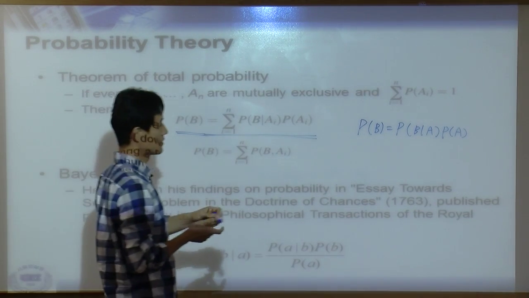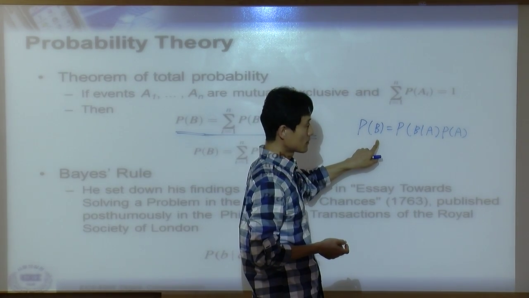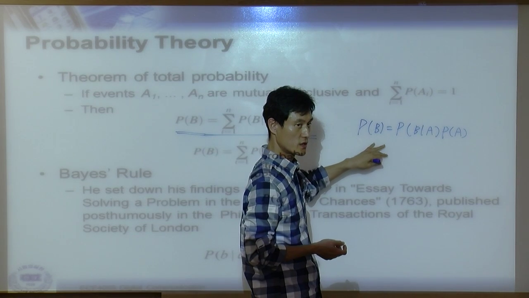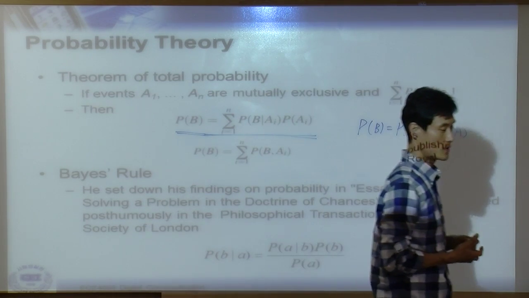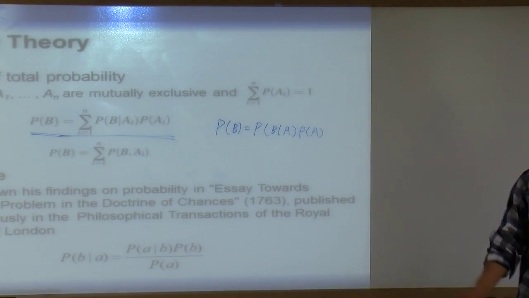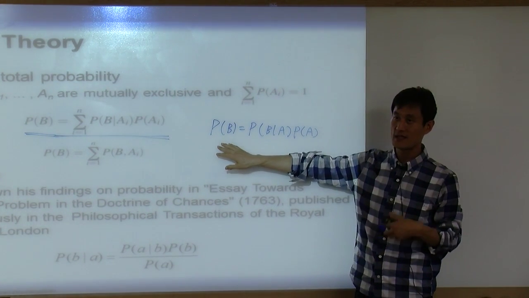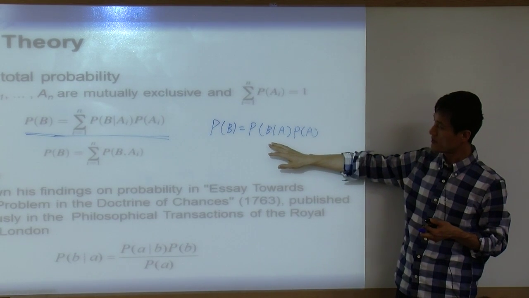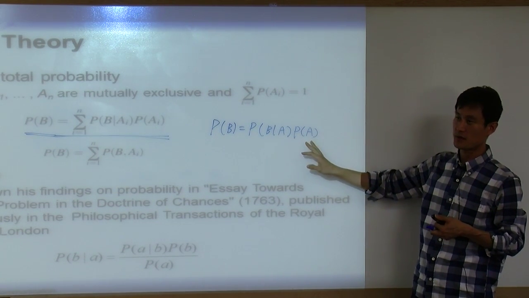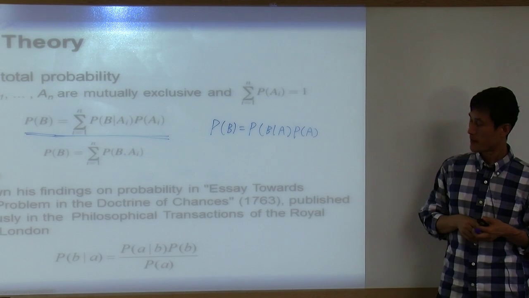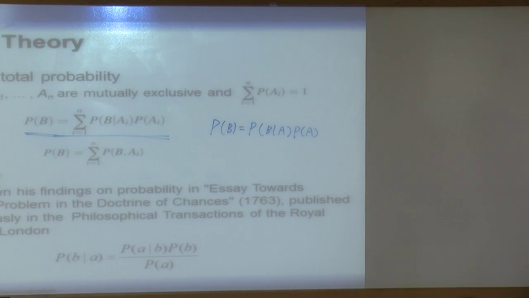These two are the same thing. Do you know this? We learned this one before, in another course. So this basically means that the probability of B is the same as the probability of B given A times the probability of A. Let's think about an example here.